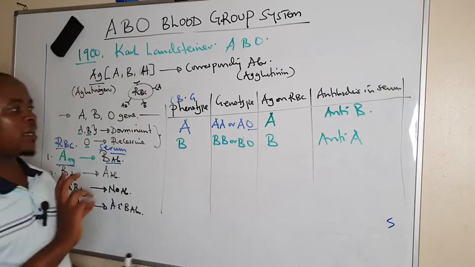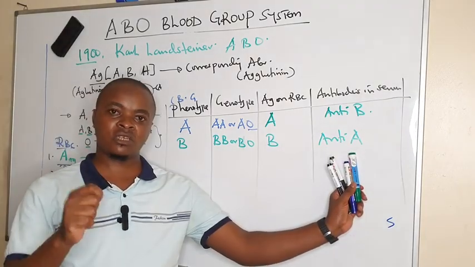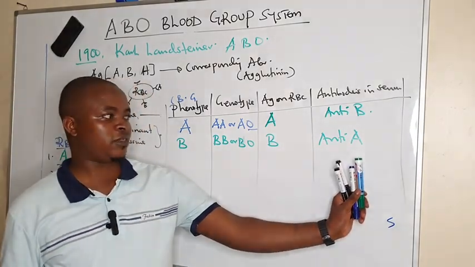Because in case the antigen corresponds to the antibody, agglutination occurs, resulting in death.